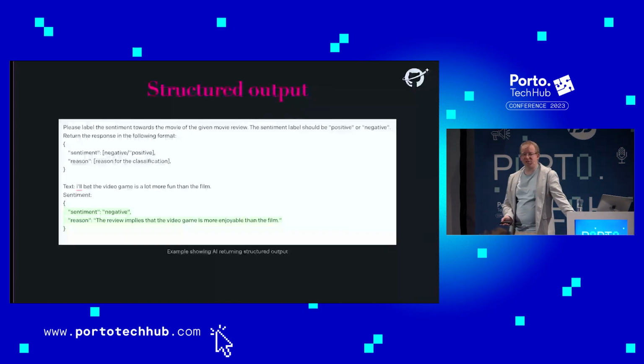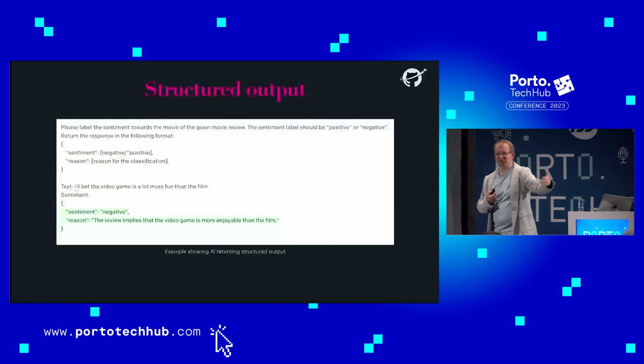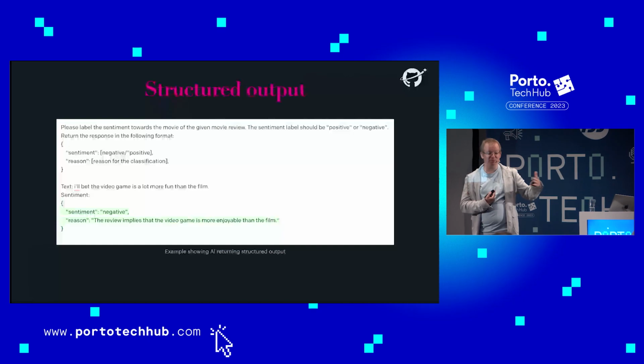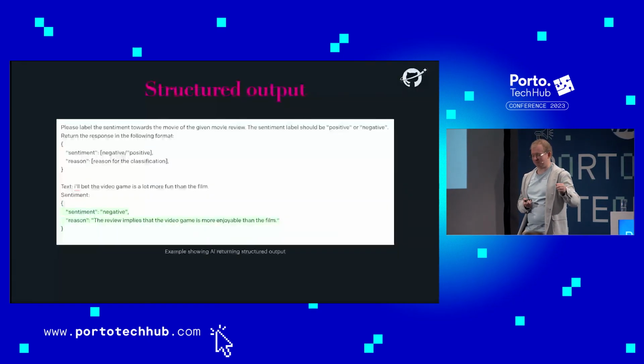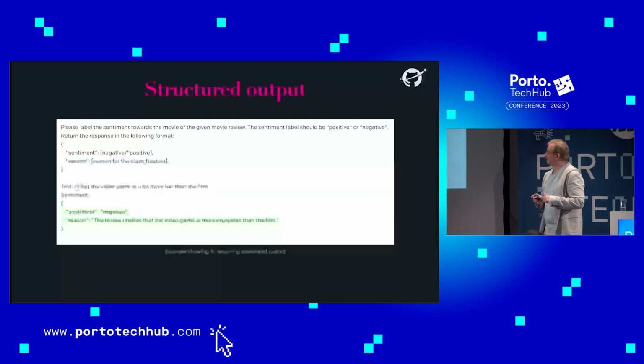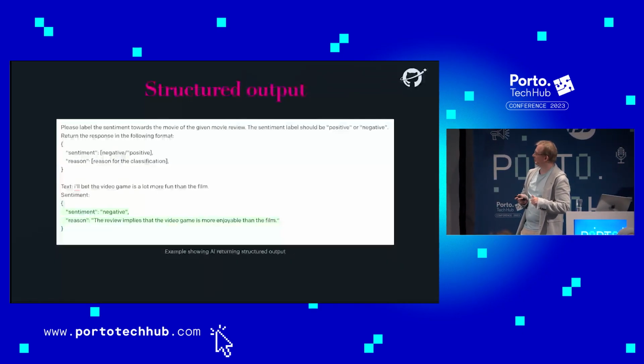Models are getting pretty good at returning structured output. Returning text is awesome and may be useful for some cases, but in software development, we want to integrate with real systems. Real systems obviously use JSON or YAML, those two only. So if you instruct the model to return the response in the format, and then maybe you can give some possible enumeration of the values and things like that, the models are pretty good at following that type of stuff.